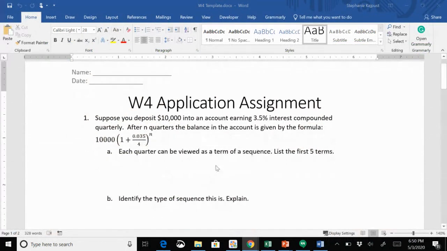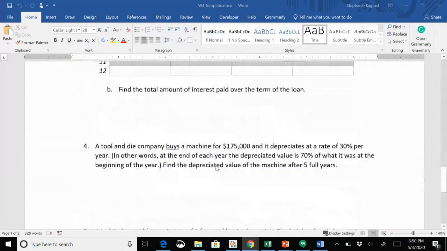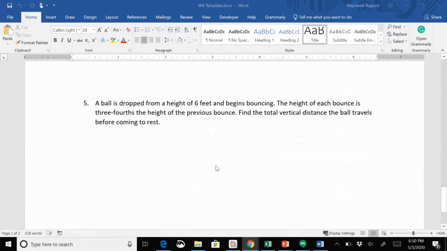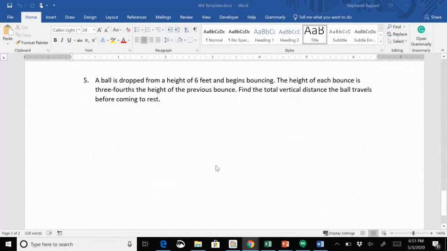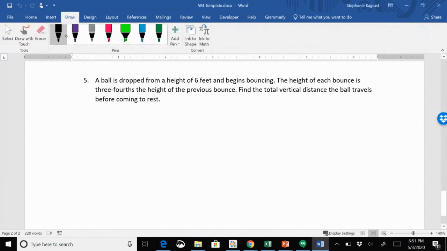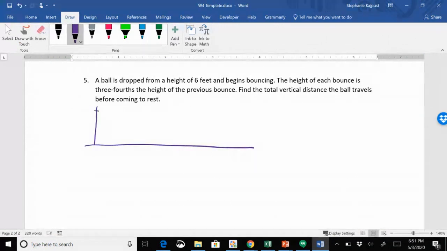Okay, so I'm going to skip down to this one with the bouncing ball. That one's crazy. It's not as hard as it seems if you think about what's going on. How many times is the ball going to go up and down? It's infinite, roughly.